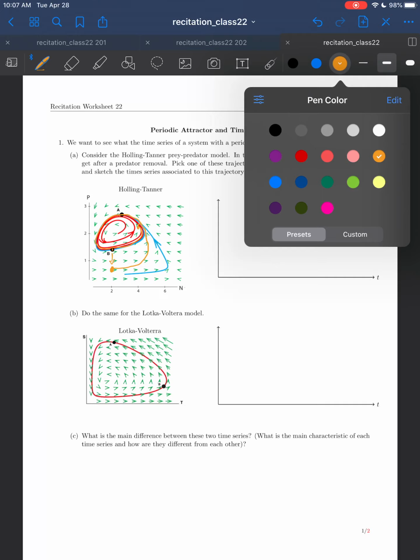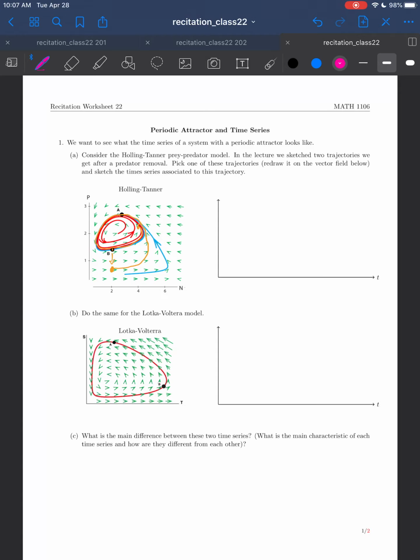Okay, so now let's draw the corresponding time series. We'll do the prey first, so let's say N will be the pink line. Okay, so we're going to start here. Remember, often the easiest way to draw the time series is to pick some points, sketch the points in first, and then connect the dots.